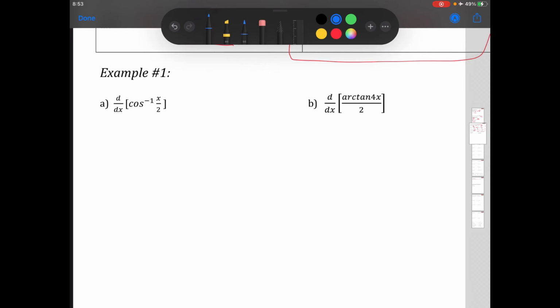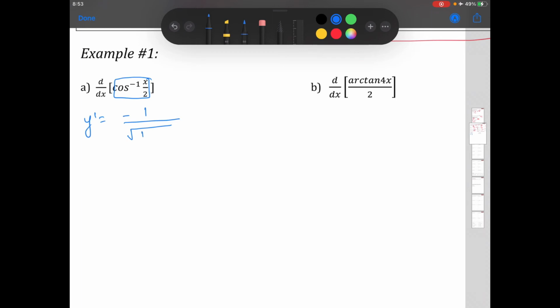Okay, so let's get started with our first example. Basically you need to know these rules and apply them, and then simplify and write your answer in terms of x. It's telling me to find the derivative, so my y prime would be what? This is my y, right? So it would be the derivative of cosine inverse, which is what? Since it's a cosine function, it's going to be negative 1 over the square root of 1 minus x squared, right?